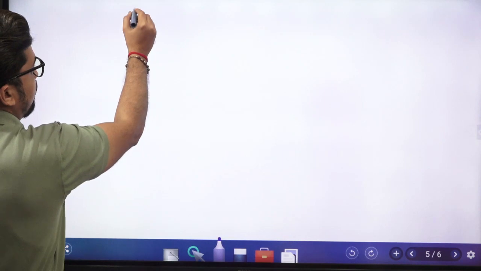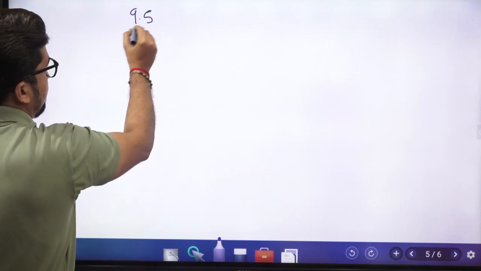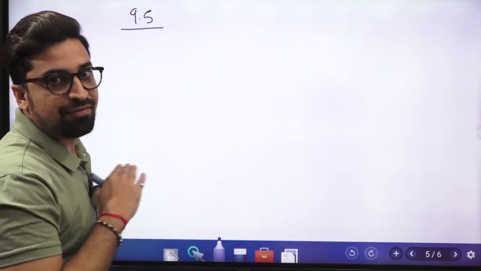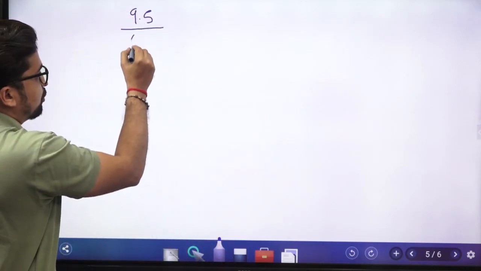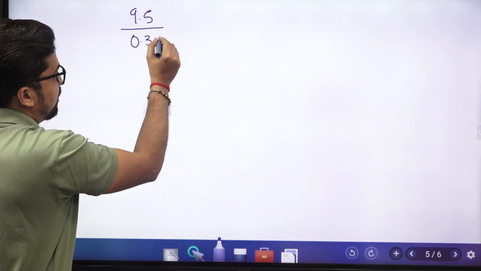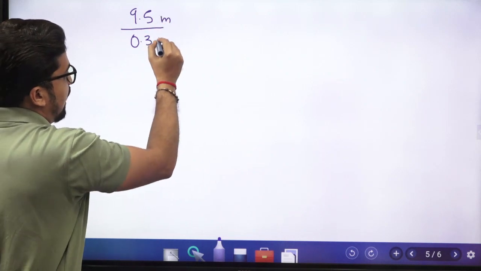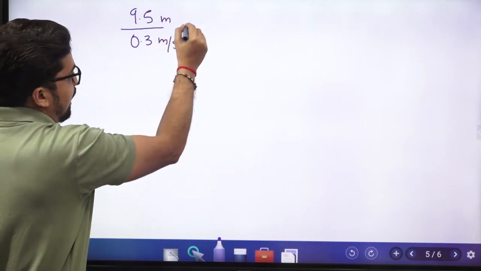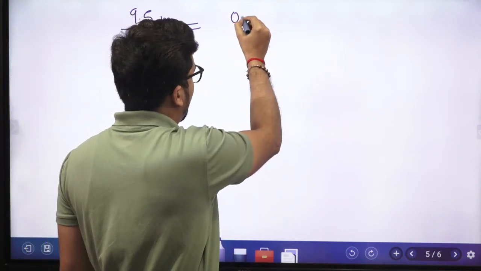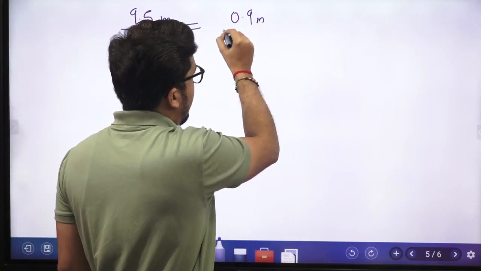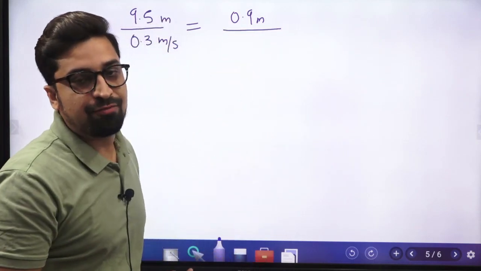L will be 9.5 divided by Vf, where Vf is the velocity of flow in the horizontal direction, which is already given in the question as 0.3 meter per second, and this shall be equal to depth. Depth is given in the question as 0.9 meter, upon Vs.